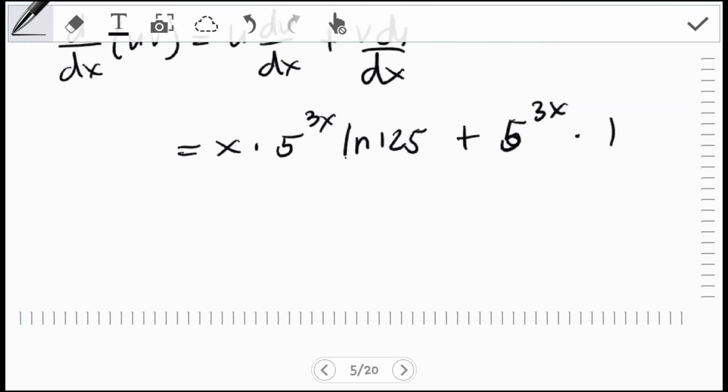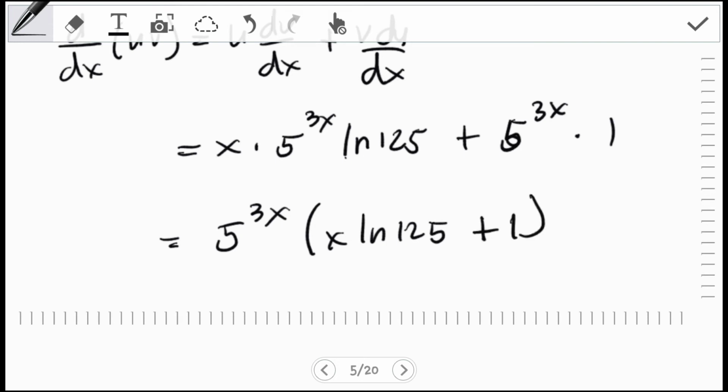So therefore, the final answer is 5 to the power 3x times the quantity x ln 125 plus 1. Okay, so that is the final answer.